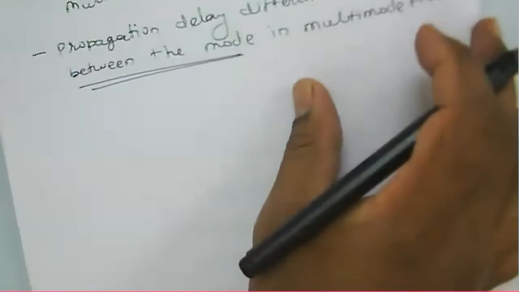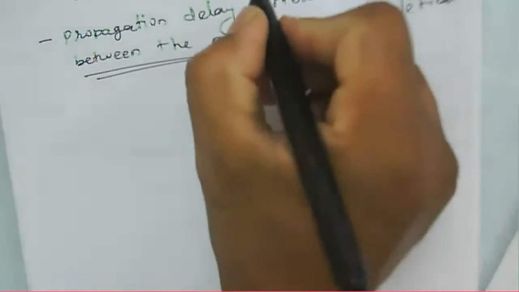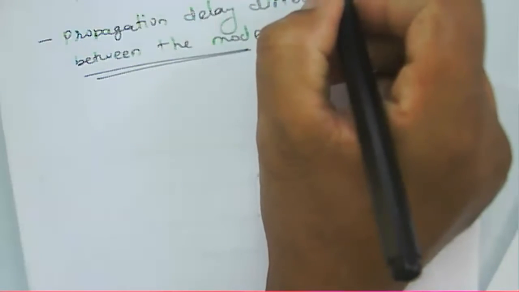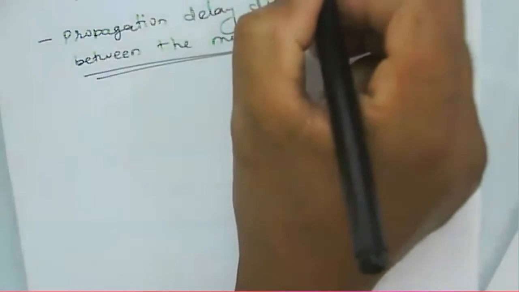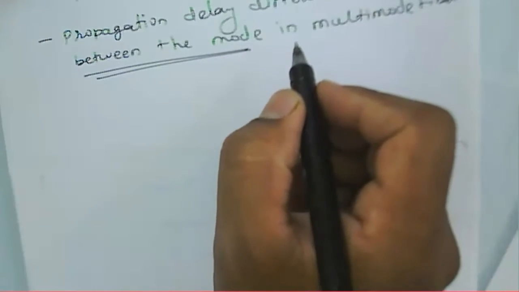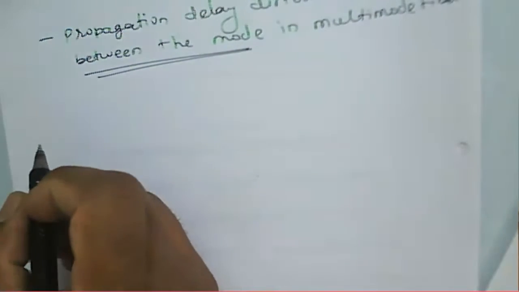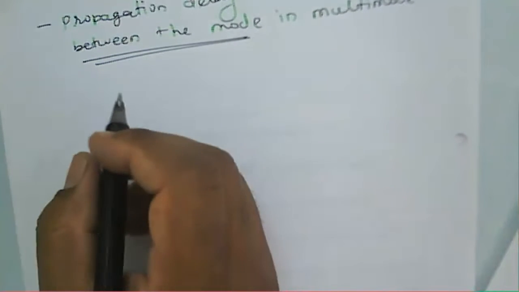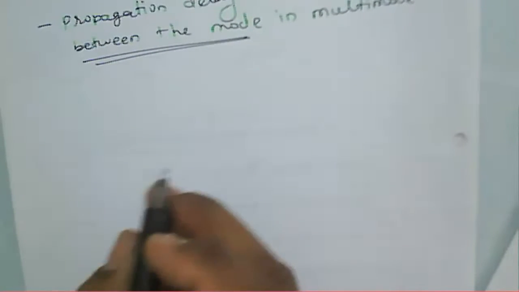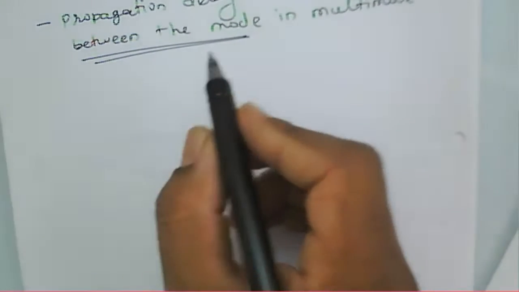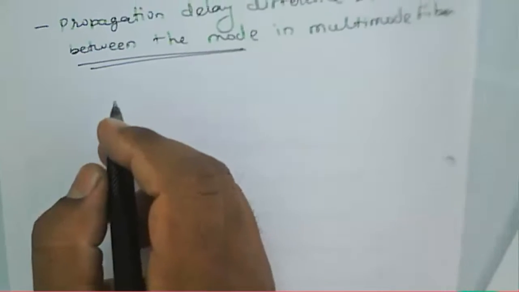So in a multimode fiber, if we are using a step index fiber, it has a large amount of dispersion because the pulse broadening in the multimode step index fiber is high. So that's why the intermodal dispersion in a step index fiber is high.